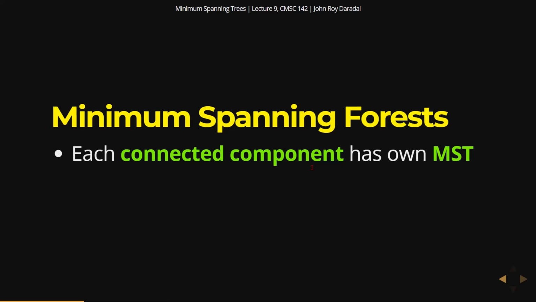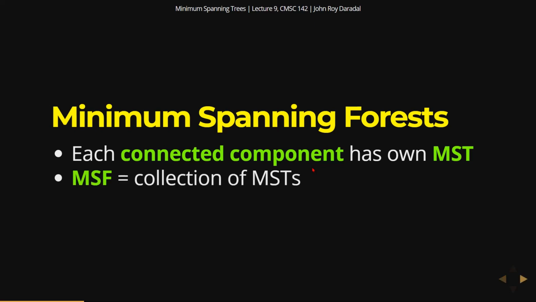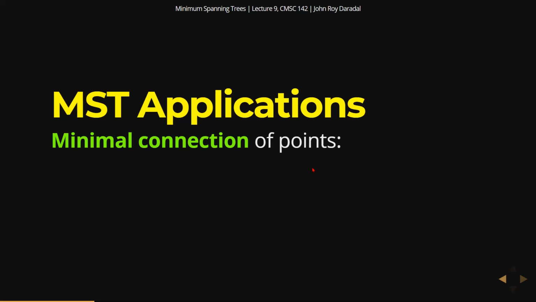So an MSF or a minimum spanning forest is just a collection of MSTs. So if your graph is disjointed or disconnected, then there would be multiple connected components. And for a minimum spanning forest, each connected component will just have its own MST. Okay? So it's a collection of MSTs. So it's pretty straightforward. A forest is just a collection of trees. So that's just the difference. Okay? But again, for our discussion here, let's just assume that the graph is already connected.